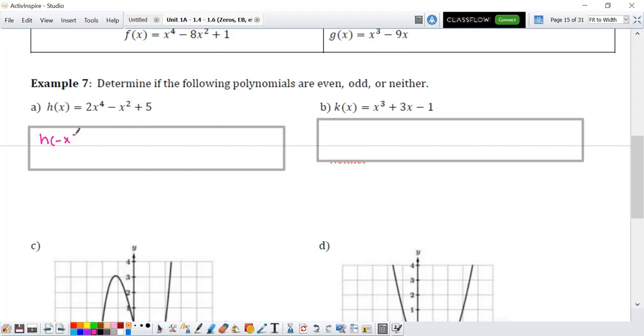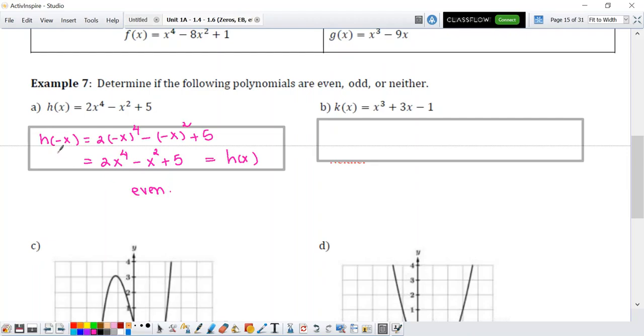Replace with negative x, which is 2 times negative x to the 4 minus negative x to the second plus 5. Negative x to the fourth power becomes positive. Negative x to the second is also positive. And this is the same as h of x. That's why this is an even function.